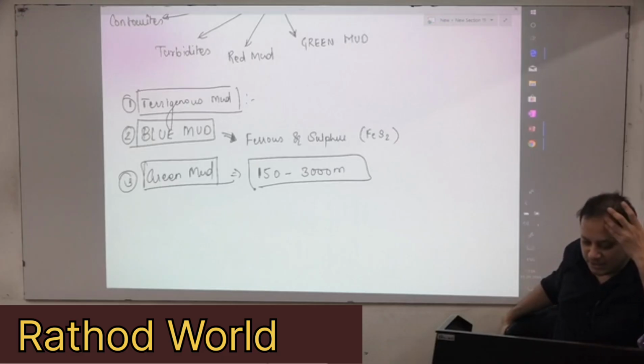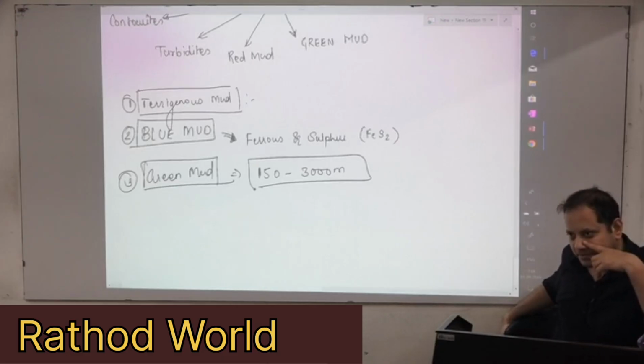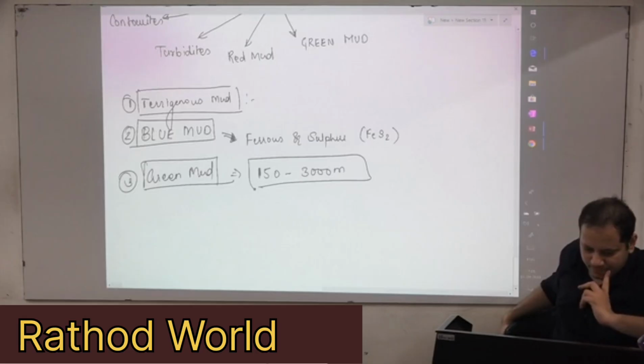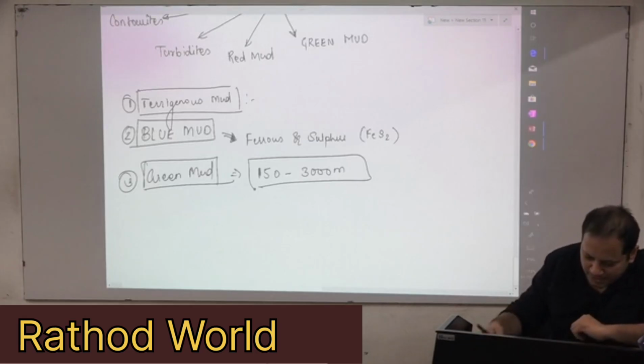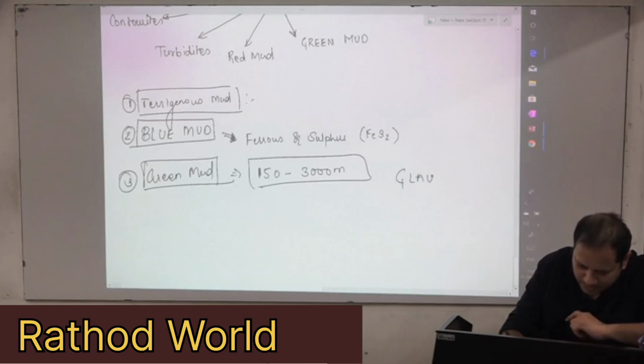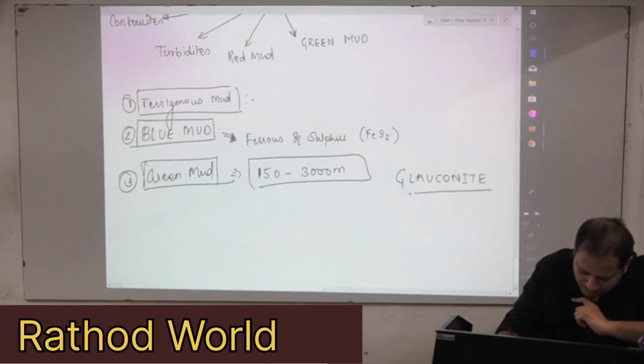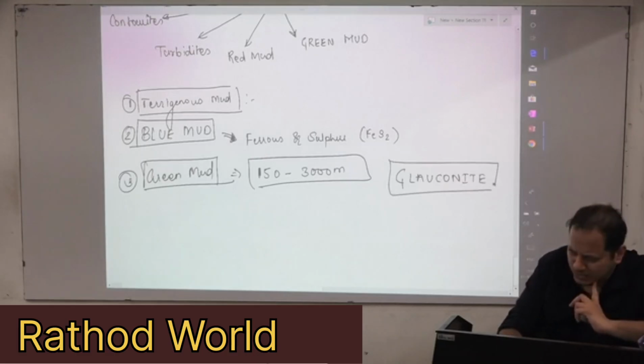This mud is rich in potassium, iron and glauconite. And glauconite, कुछ नहीं, एक मिनरल है रॉक का, glauconite.